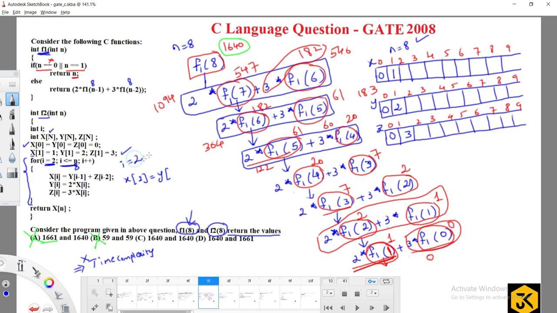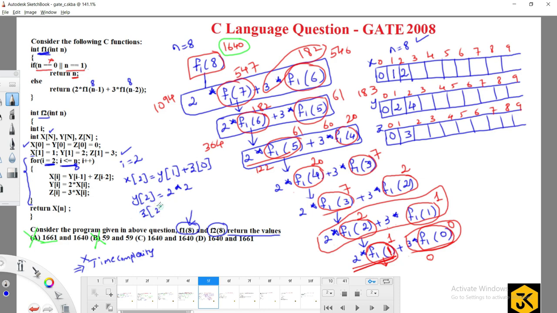So here I value is 2, y of 2 minus 1 is y of 1 plus z of 0. y of 1 is 2 plus 0, that is 2, that will be updated here. And y of 2 equals 2 into x of 2, this is I, right? X of 2 is 2. 2 into 2 is 4. So y of 2 has the value 4.